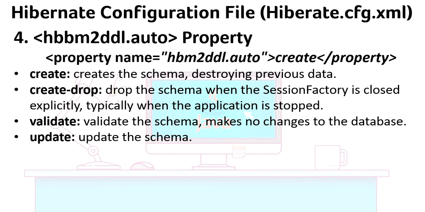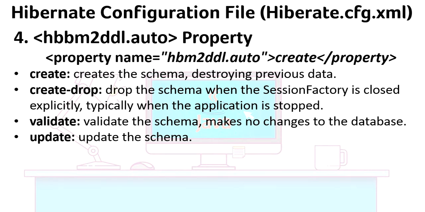The create-drop will drop the tables once the session factory is closed. The validate property will not make any changes, it won't create any database or tables. The update property will update the table, and it will create the table also. So those are the four hbm2ddl properties we can have in the configuration file.